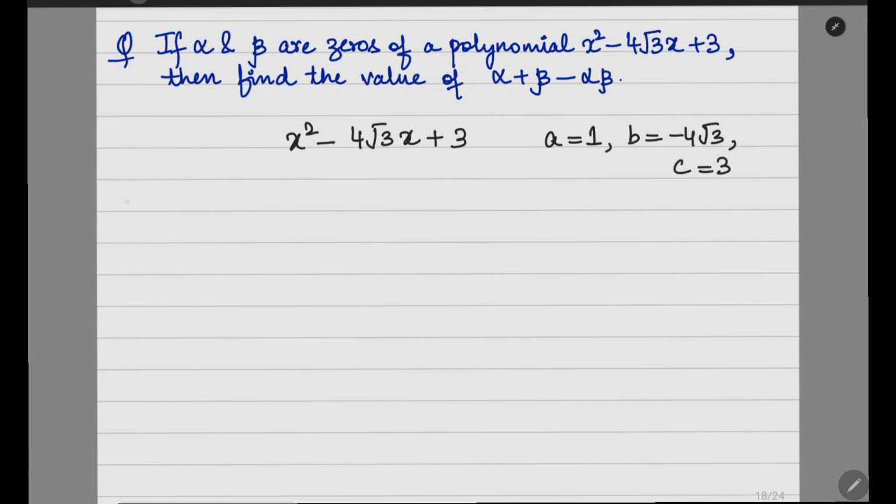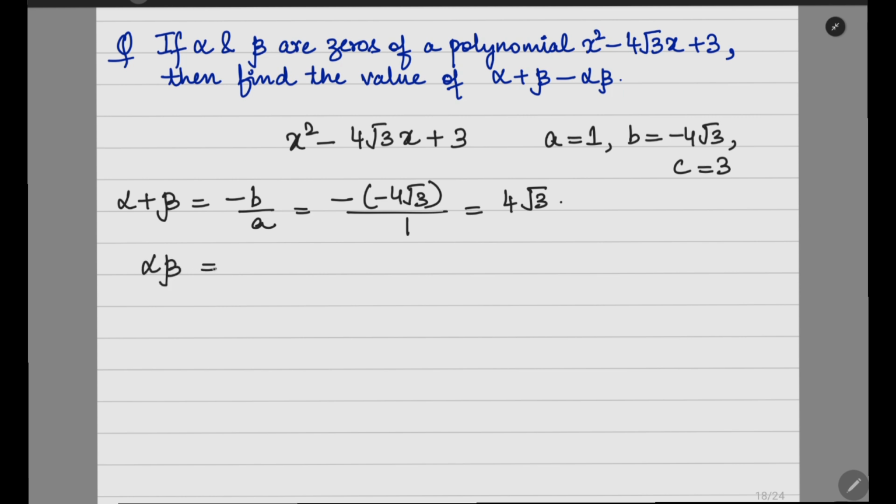So what is the sum of zeros? It will be minus B by A, which will be minus of minus 4 root 3 by 1. So the answer is just 4 root 3. What is the product of the zeros? C by A, which is 3 by 1, so it is 3.